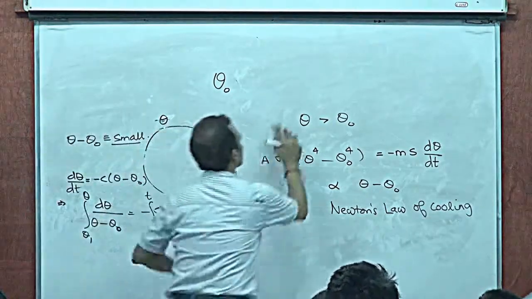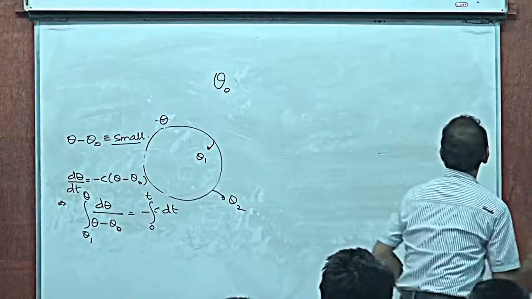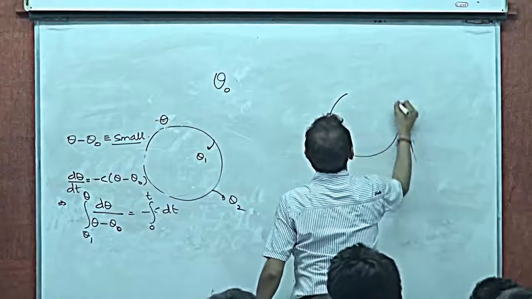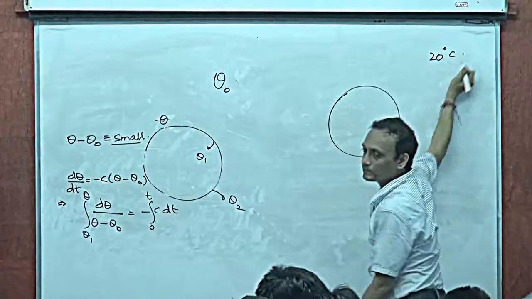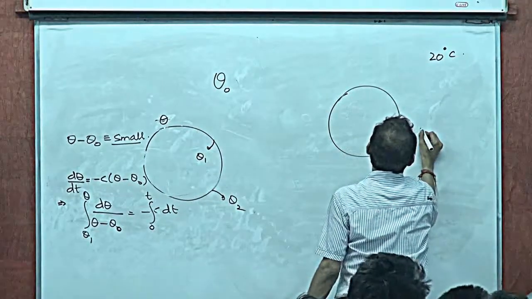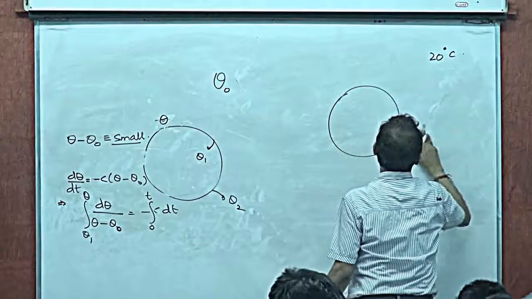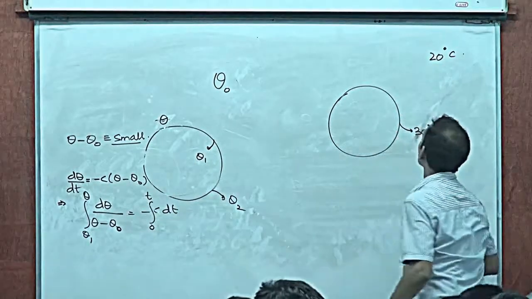In an exam, very quickly, what you want to do is this. Say they tell you that the surroundings are at 20 degrees centigrade, and this body is initially at 30 degrees centigrade.